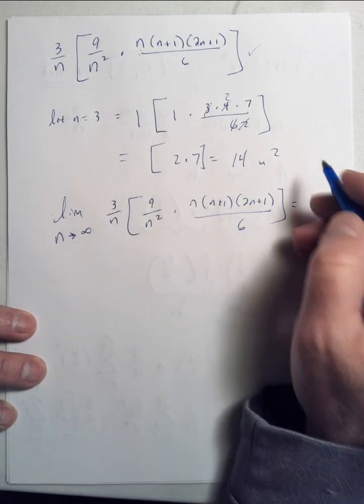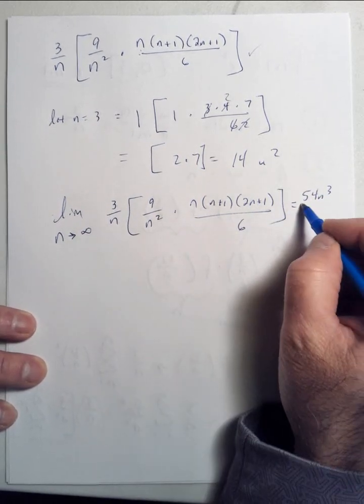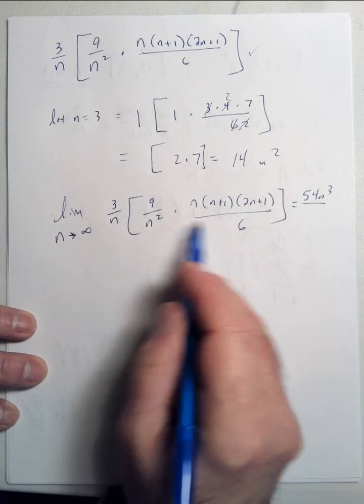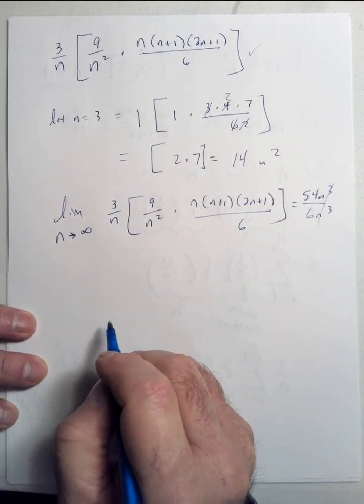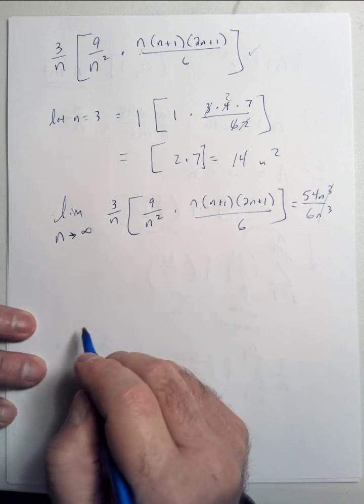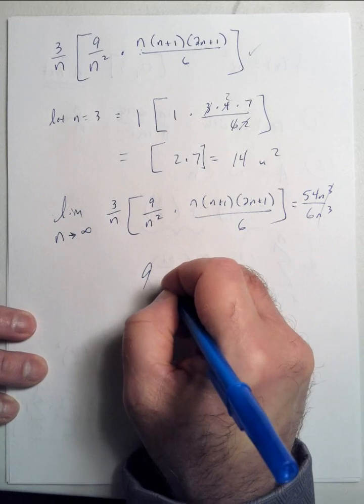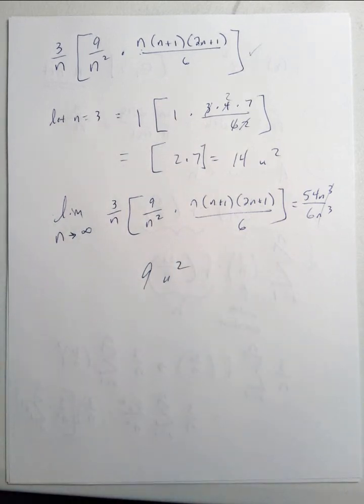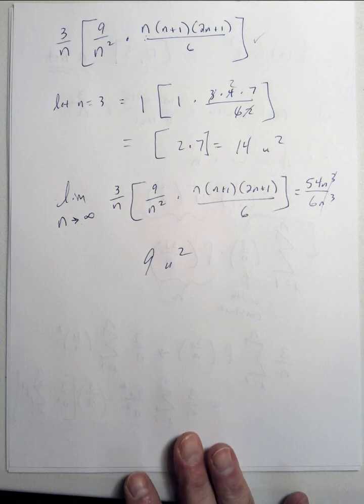So this would be 54 n cubed on top, and on the bottom we have a 6n cubed, which again, those don't matter. So 54 over 6 would be the limit of this particular expression, or 9 square units. So that is the limit of that particular function, or infinite rectangles under the curve.